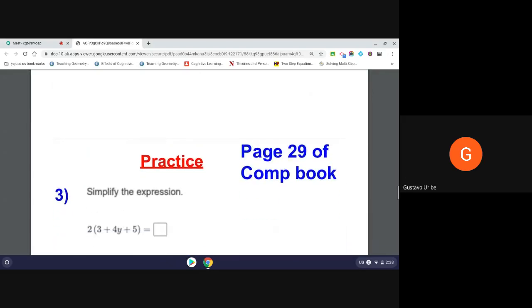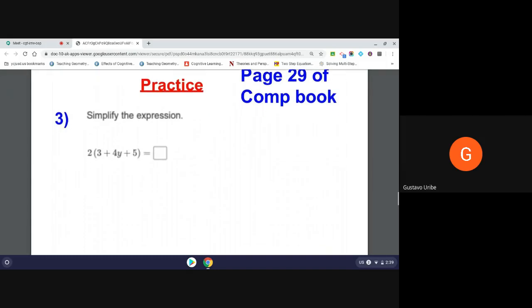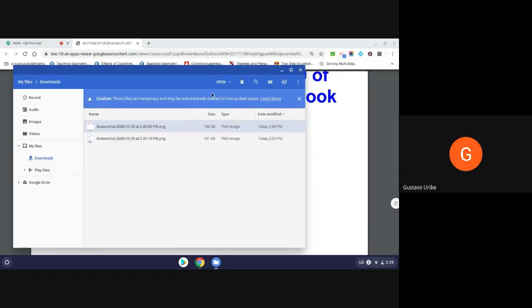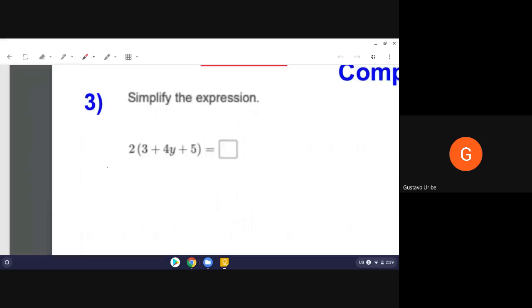Okay, well, let's try one more practice problem. Let's see if we kind of got the hang of this now. Okay, we remember we're ordering 2 orders of whatever's in here.